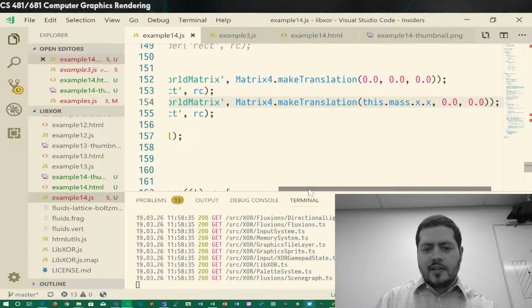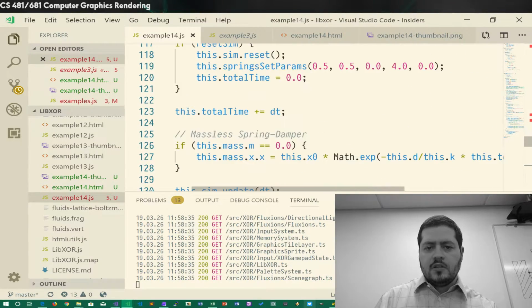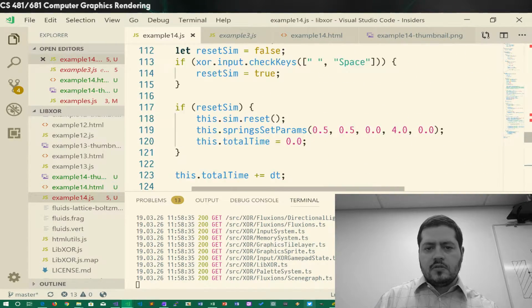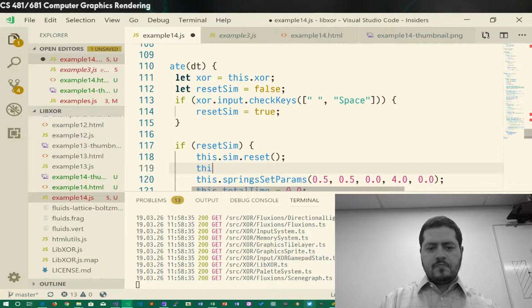So let's go ahead and not hard code this stuff so much.